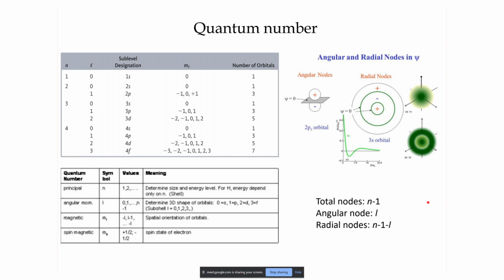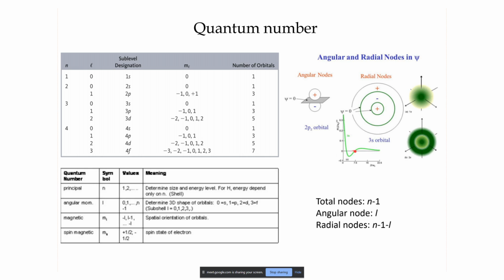If you look at that one, it'll typically ask you something like, what sublevel is this orbital diagram? How you determine what sublevel it is, you look at this concept of total nodes. You can ignore angular and radial nodes. I think that's something that's more asked on the National Olympiad. But total nodes tells you how many times this green line crosses the origin.